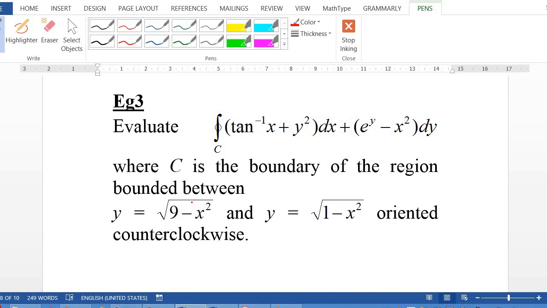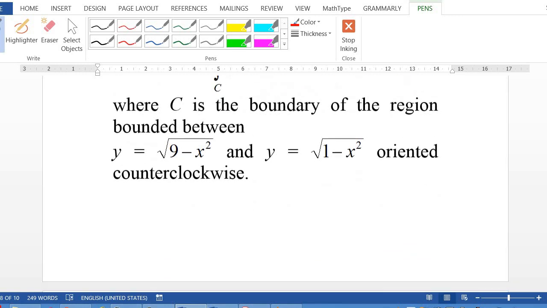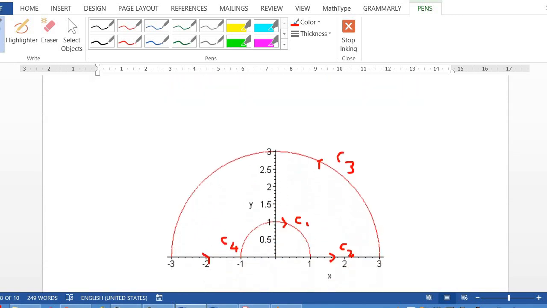This is a semicircular curve with radius 3 centered at origin, and this is a semicircular curve with radius 1 centered at origin, oriented counterclockwise as shown here.